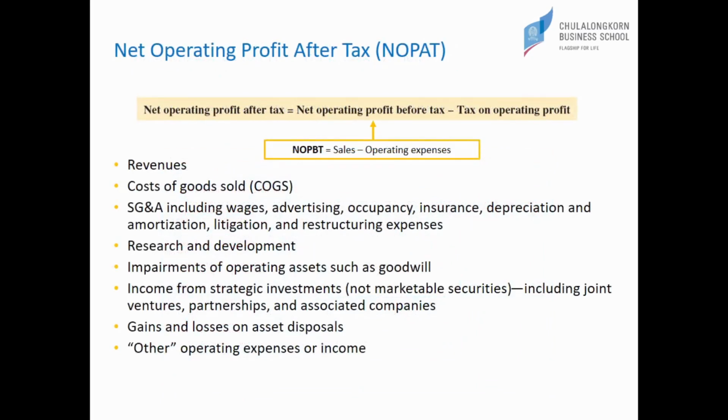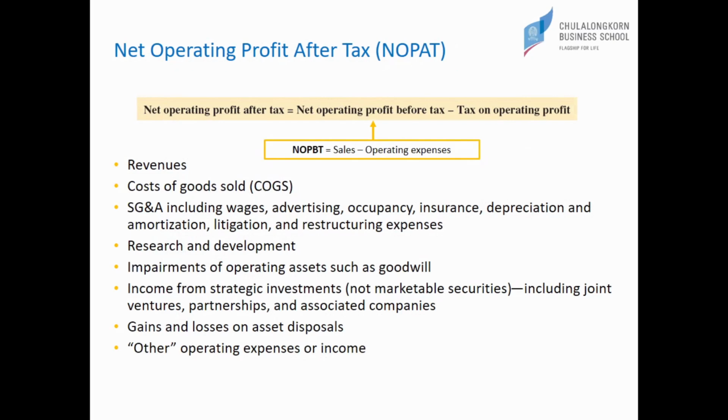And let's see how we can calculate the net operating profit after tax, or NOPAT. It starts off from the net operating profit before tax, which is sales minus the operating expenses, and you subtract the tax on your operating profit.